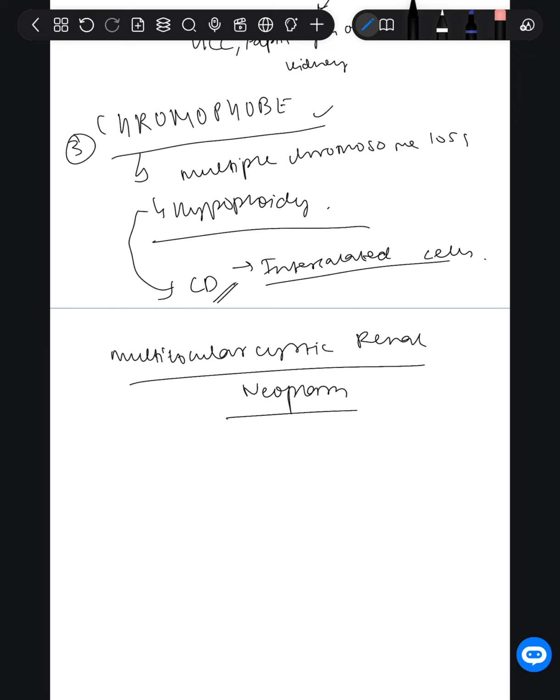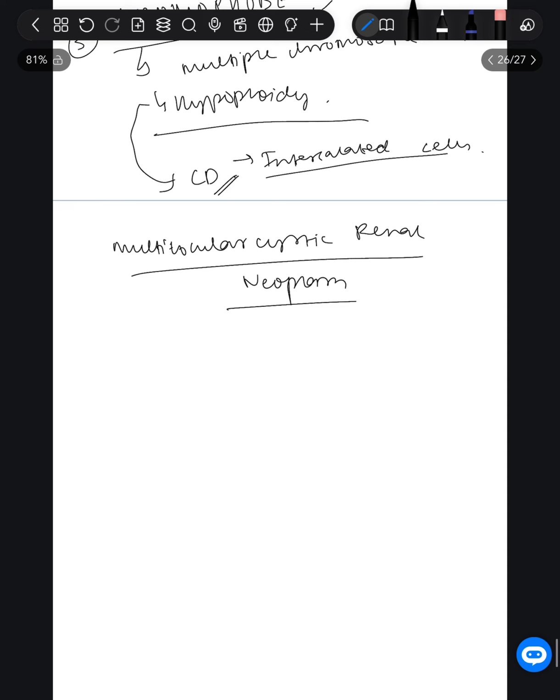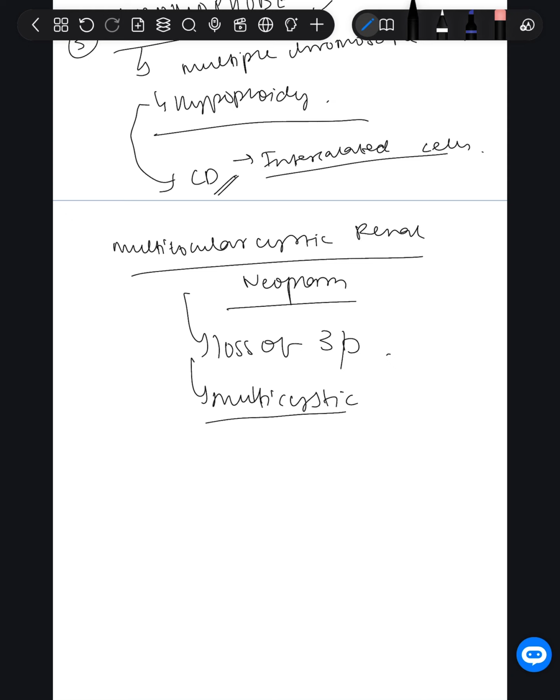In multilocular cystic renal neoplasm, there is loss of 3p. That's why this happens, and it leads to the formation of a multicystic, low grade variant of clear cell carcinoma.